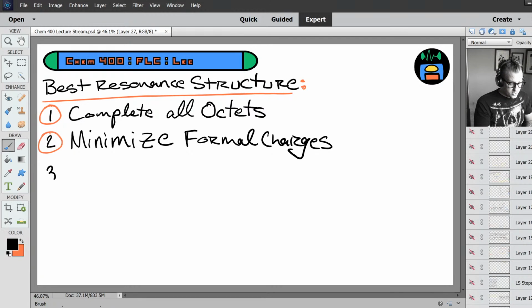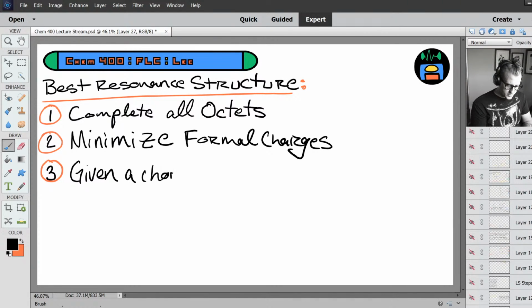And then the third thing to keep in mind when you are checking to see if the structure you have is the best resonance structure, the first two will be true, and then this will also be true. Given a choice, and you'll see what I mean by given a choice once we start doing examples.